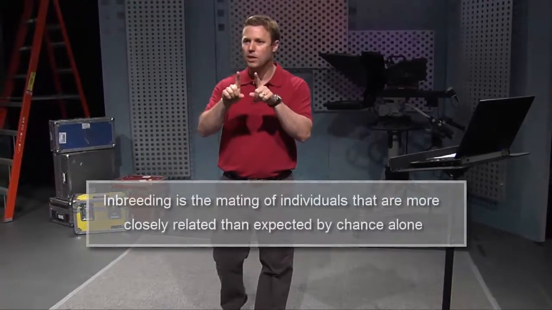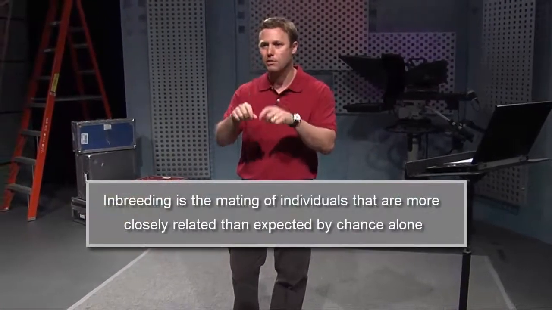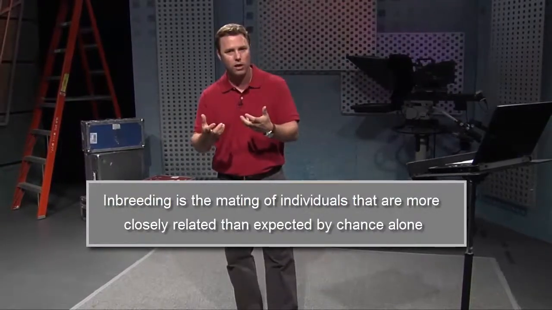It occurs when mated pairs come together and share genotypes that are much more similar than what you'd expect if random mating occurred. So their genotypes are much more similar than what you might expect based on Hardy-Weinberg, for example, which assumes random mating.